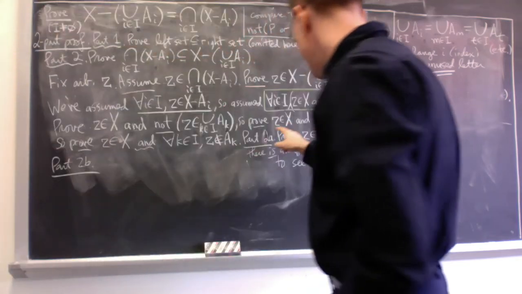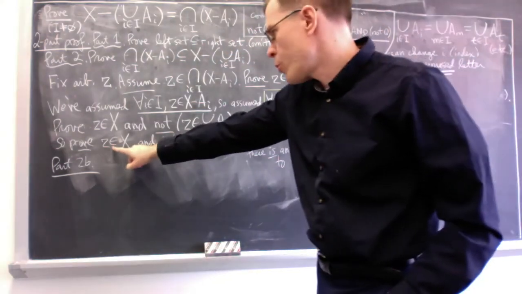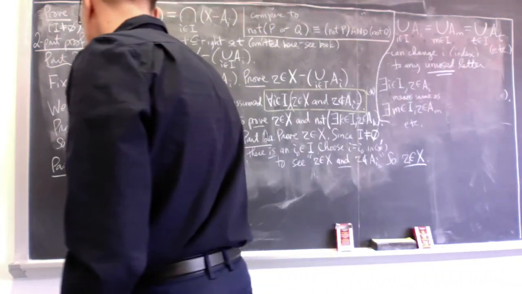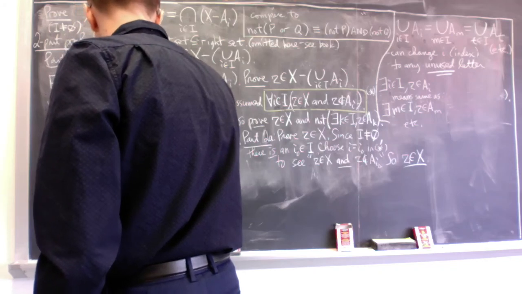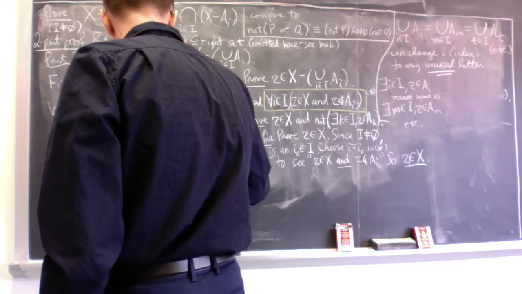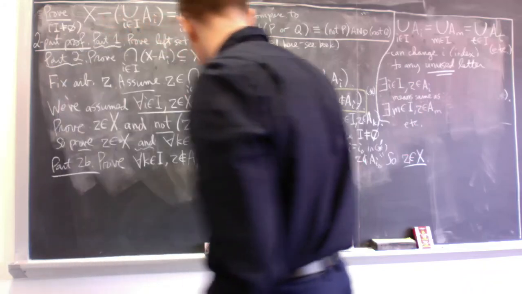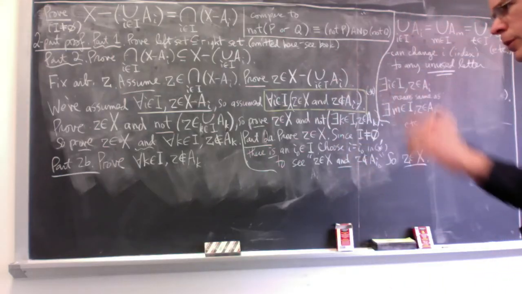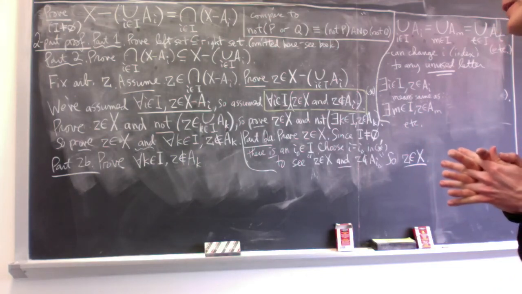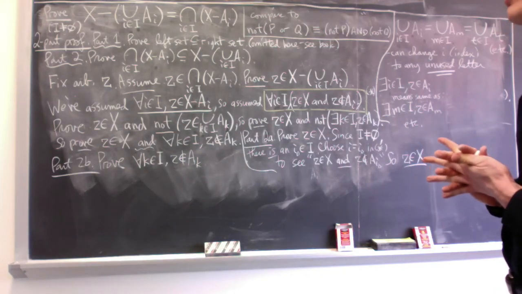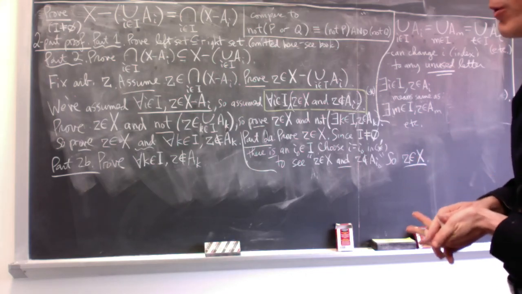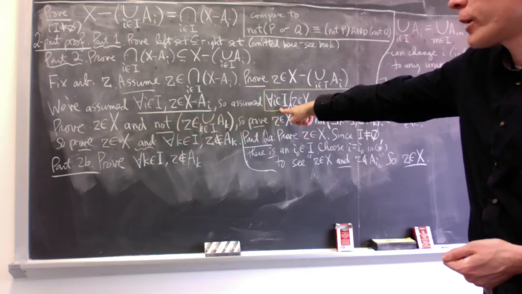Anyway, part 2b. Remember this is the goal, here's part 2a, now for part 2b, we have to prove this: for all k in I, Z is not a member of A sub k. Again, sorry for the clutter. Now we have a goal that's a universal statement, as opposed to a known universal statement, which we have right here.